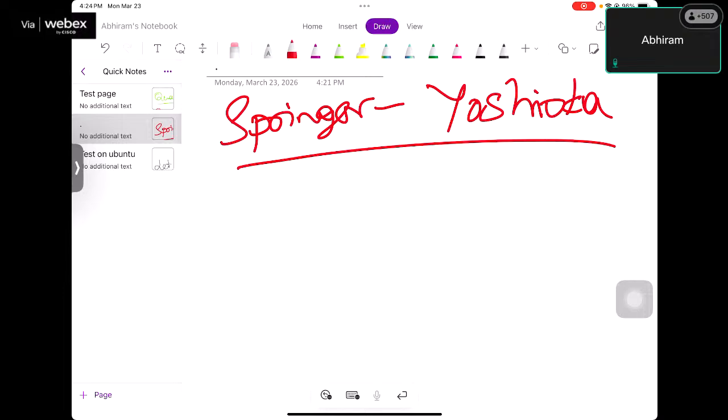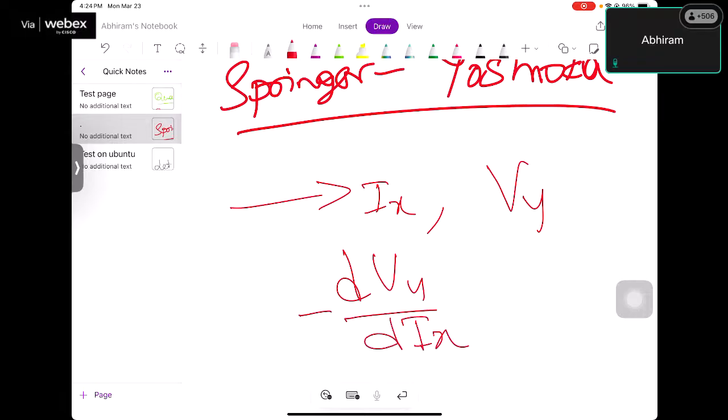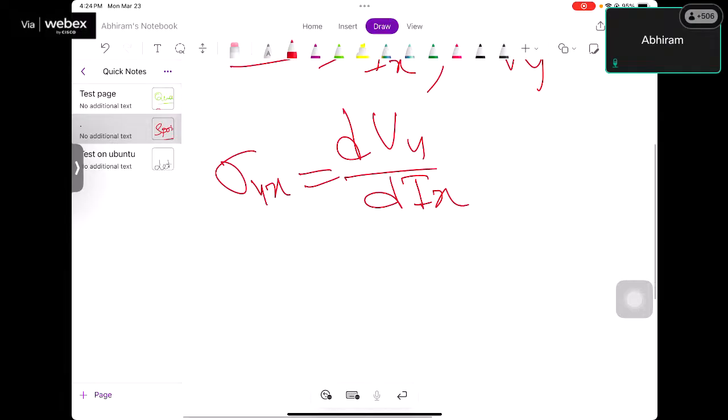You apply a current Ix along the x direction and measure the voltage Vy along the y direction, and the ratio dVy by dIx is called sigma yx, the Hall conductance. What you find is that this Hall conductance is quantized: it is e squared by h times n, where n is an integer.